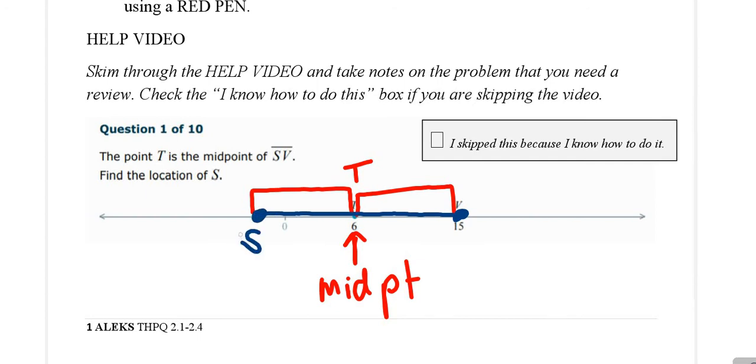And by definition of a midpoint, it means these two segments, S to T and T to V, have to be equal.